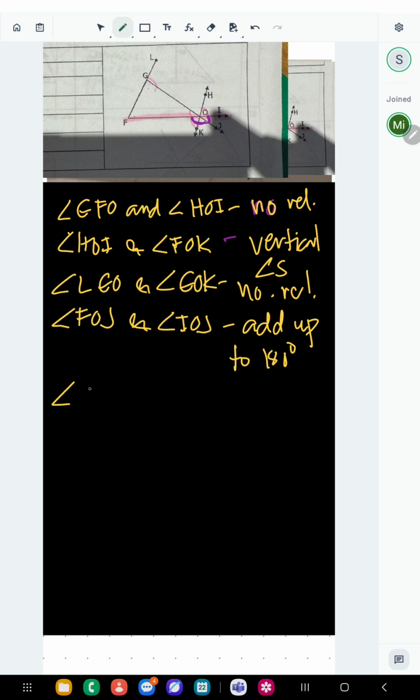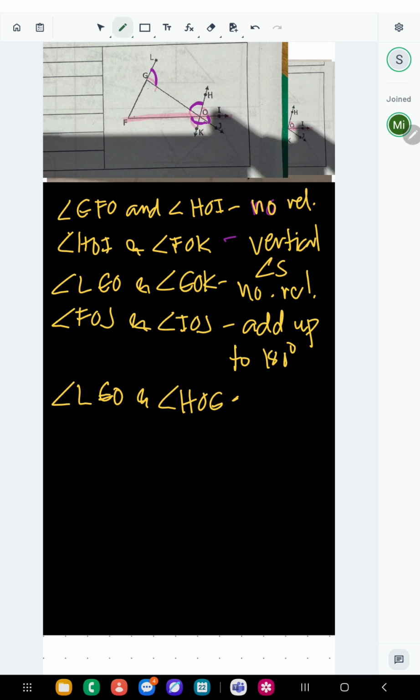And then angle LGO and angle HOG. So LGO here, okay, this one, angle LGO, and then HOG. HOG is this one. Oh, what should be the relationship? Same side interior angles.